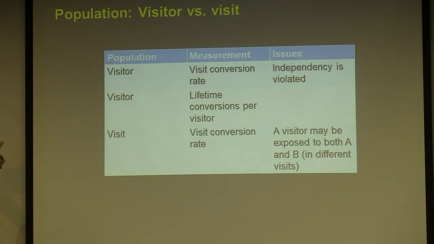The first one is visit, not visitor. Here in the population column, the first row should be visit. The second one is visitor, and then you're measuring the test duration, and the key performance indicator that you measure is the conversion per visitor.